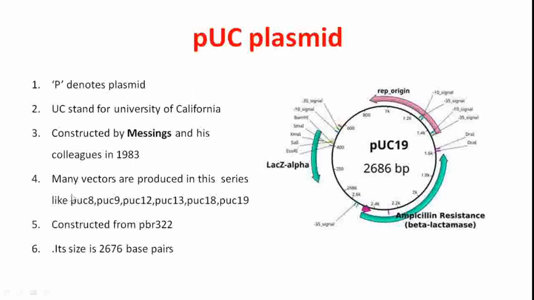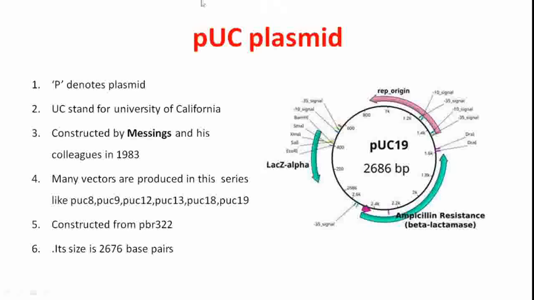Likewise, pUC8, pUC9, pUC12, pUC13, pUC18, different types. If you see a movie like Bahubali 1, Bahubali 2, Bahubali 3, that is a series. Likewise, the pUC plasmid also has a number of series continuing from 8, 9, 10, 11, 13 up to so many numbers. That's why we name it the pUC series.